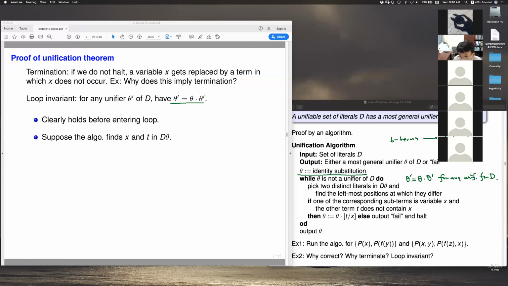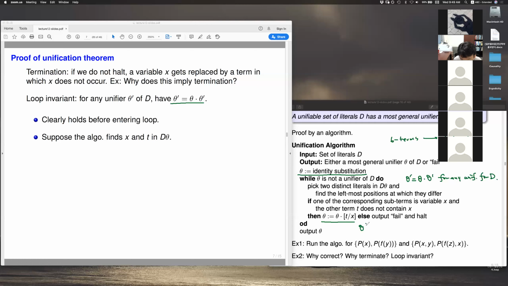We have to show that if the execution goes through the true branch, rather than the else branch where you get out, then we update theta to this form. For this updated form, the same statement should be true. What does that mean?